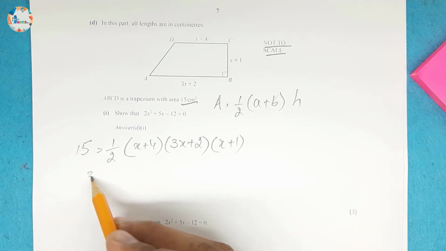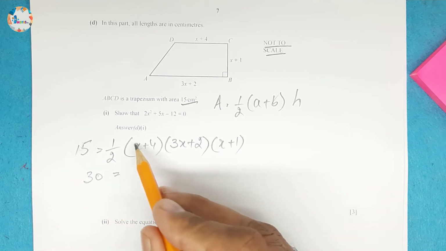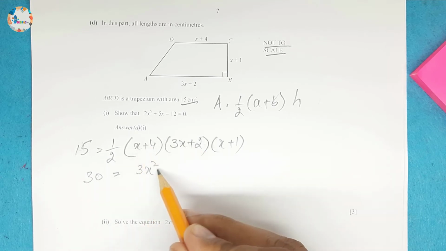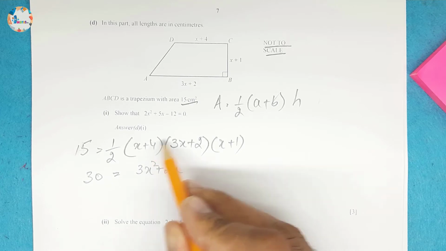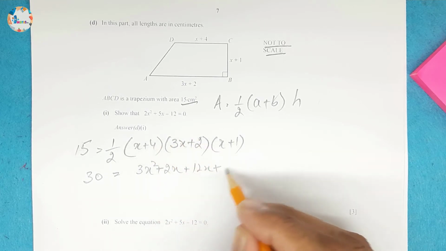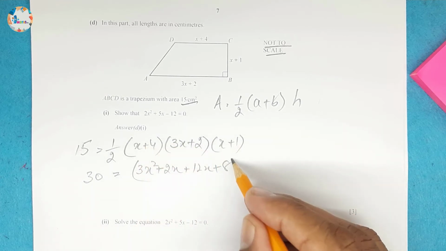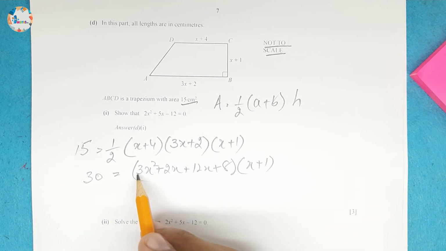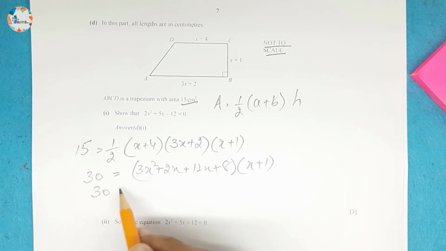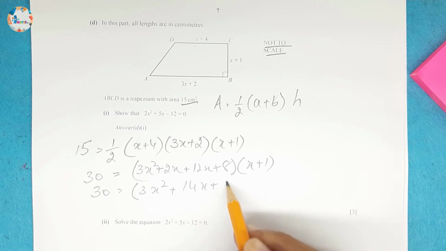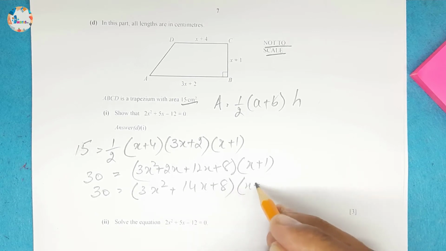The 2 we can shift to this side, so this will be 30 is equal to x into 3x will be 3x squared, then x into 2 will be plus 2x, then 4 into this will be plus 12x, and 4 into this will be plus 8. We have multiplied the first two terms, and this one I will keep as it is, x plus 1. Now we can simplify this: 30 is equal to 3x squared plus 14x plus 8 into x plus 1.